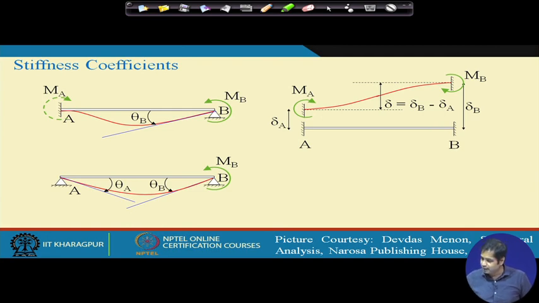So, if the support settles like this, what would be the corresponding moments? There is a settlement at point B, or relative settlement between A and B, and that will cause moments at A and B. So, how are these moments at A and B related to this delta B? Let us consider this again.